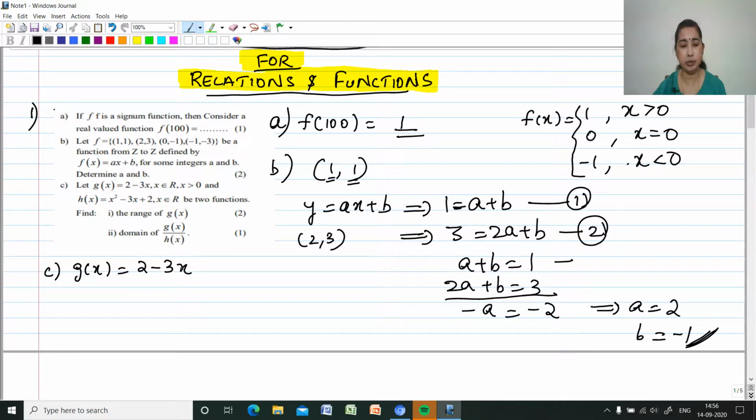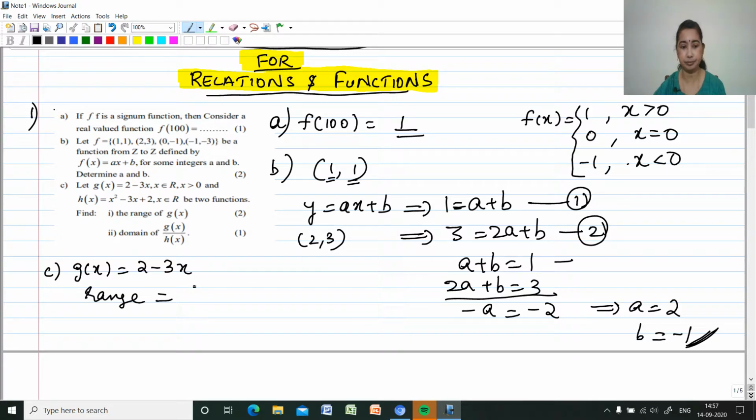Then x equal to some other value, we can put 0.5. So 2 minus 3 into 0.5 is 2 minus 1.5, that is 0.5. Again if I put x equal to 1, 2 minus 3, that is minus 1. Then x equal to 2, 2 minus 6, that is minus 4. So all the values we get are from minus infinity up to 2. Whereas here it is given that x is greater than 0, so 2 will not be included.